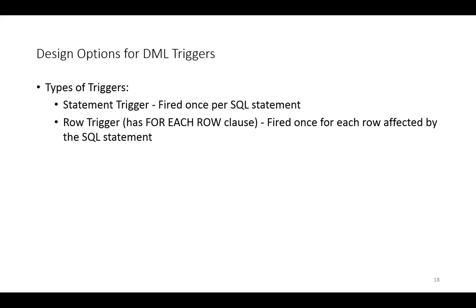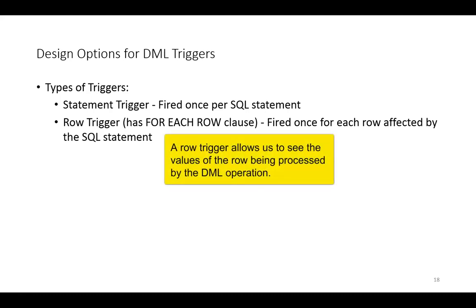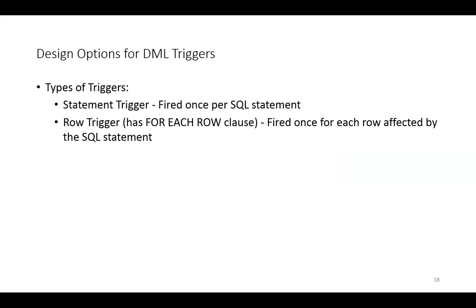One of the benefits of the row level trigger is it gives us the ability to actually inspect the individual rows that are being affected by the operation. We can look into the database and see that particular row, examine the values within the row, and then determine our course of action. So we need both kinds of triggers. And we'll talk about these with examples as we continue.